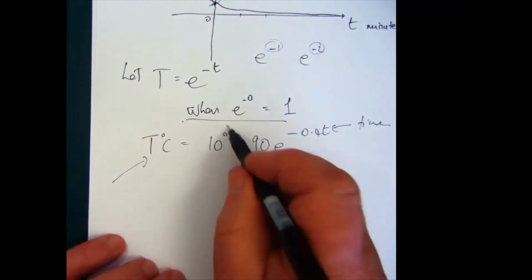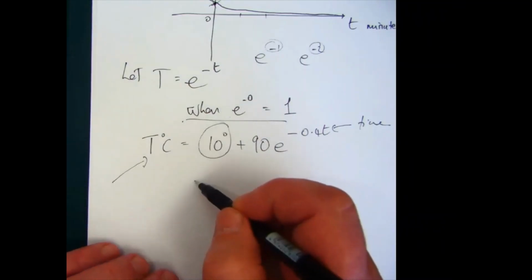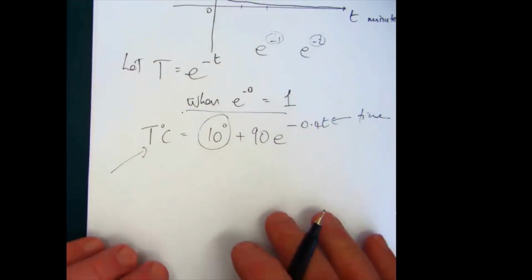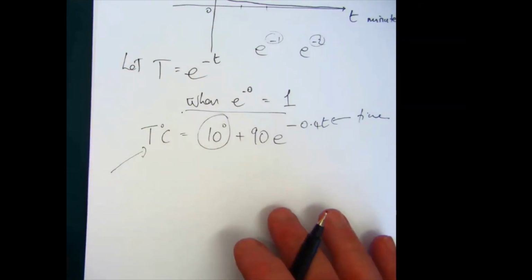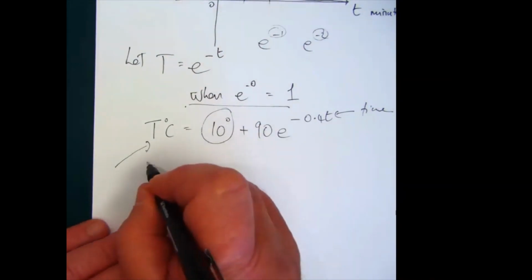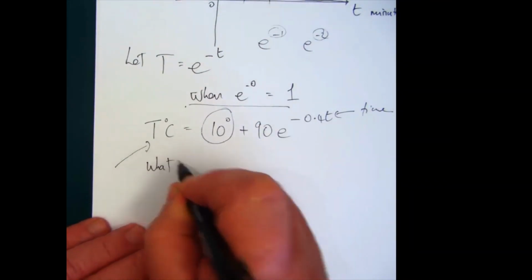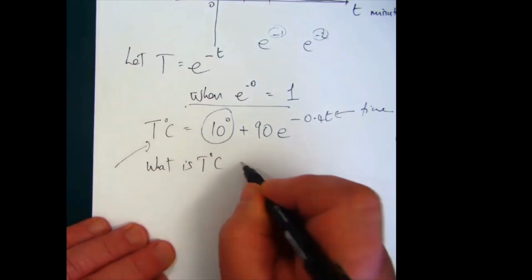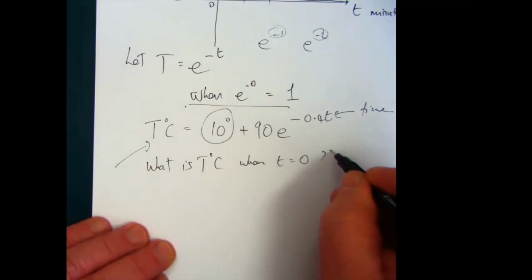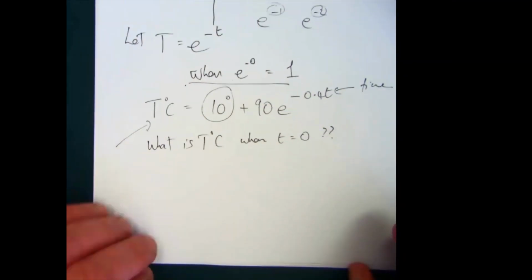Now, this value here is normally chosen as room temperature or a comfortable temperature to be handling the material. So, what we can say from this is as follows. What is T, big T, when we first start, when little t equals nothing? Okay, can we work that out?